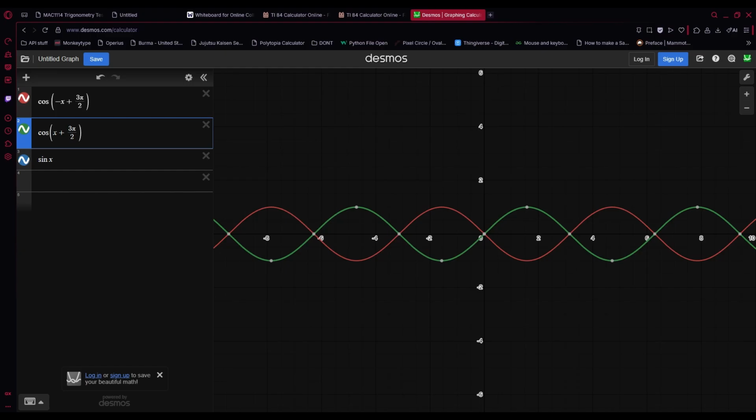As you can see, you have the function we were given, and then you have sine, but they're not exactly the same.